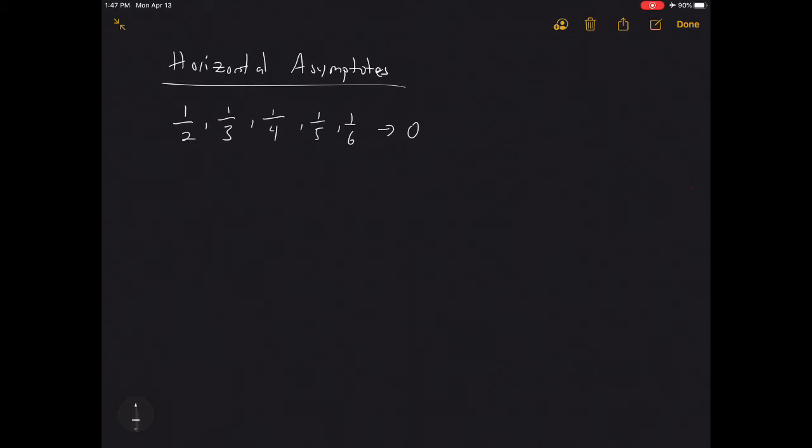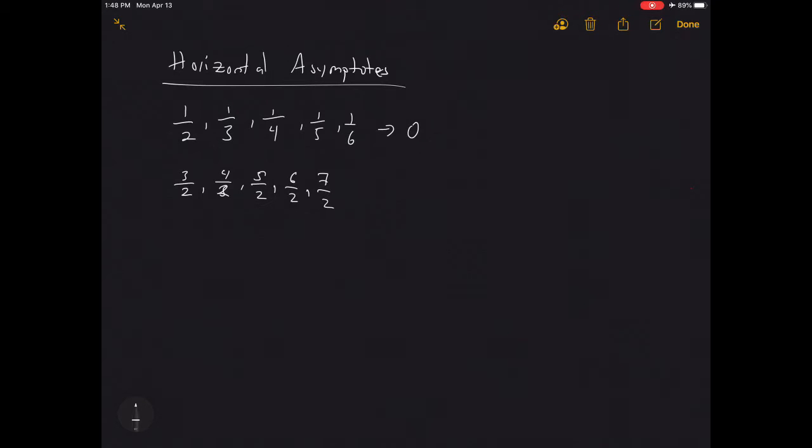Instead of using 1 in the denominator, I'm going to use 2 in the denominator. So let's say I start off with 3 halves. Then I go to 4 halves, then 5 halves, 6 halves, 7 halves. Well, if I keep adding halves of something, my numbers here are just going to keep getting bigger and bigger, because 3 halves is 1 1/2, 4 halves is 2, 5 halves is 2 1/2, then 3, then 3 1/2, then 4, then 4 1/2.